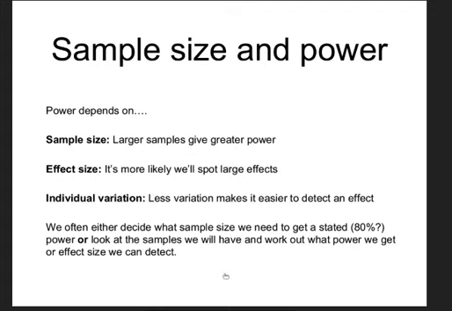Often what we need to do is either decide what sample size we want to get a certain power, a certain chance of detecting an interesting effect, or we'll look at the sample size we can afford and report what the power is. Either way is quite reasonable.